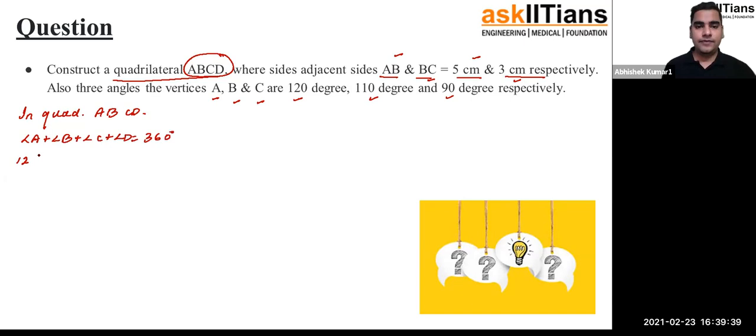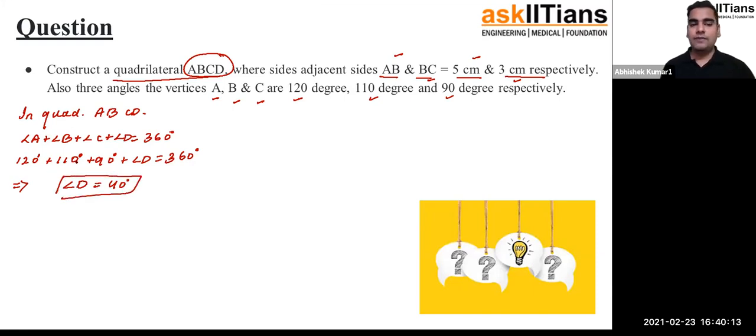A is 120 degree, B is 110 degree, C is 90 degree, D we are not aware of, we are interested in finding out its value. 120 plus 90 is 210 degree, and 210 plus 110 is 320 degree. So that means the value of angle D is going to be 40 degree. Understood? You can check it: 120 plus 110 is 230, plus 40 is 270, plus 90 is 360.